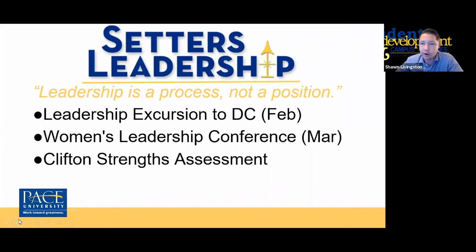It's run by the Gallup organization. And it's a really cool tool. We use this assessment to determine what are your top strengths? What makes you independently unique and different and valuable? And we integrate that language with you right at orientation in the summer before you start classes.